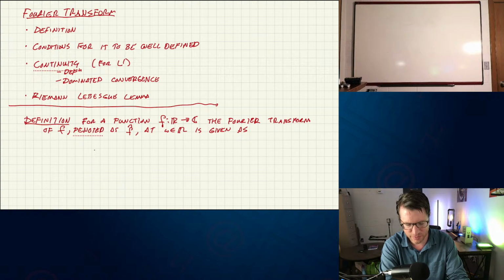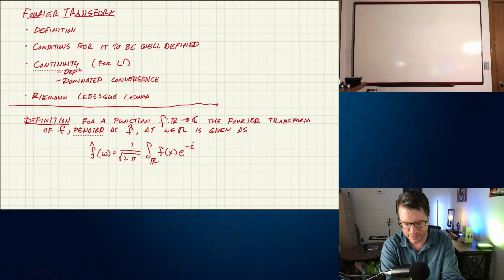So we have f hat of omega is equal to 1 over the square root of 2 pi times the integral over R of f of x times e to the minus i x omega dx.